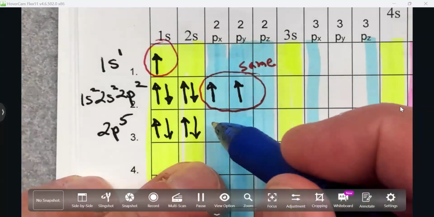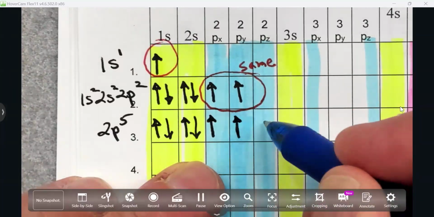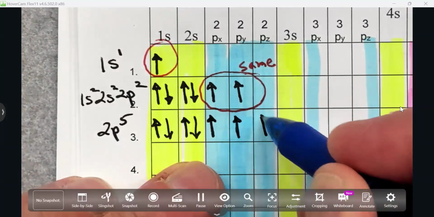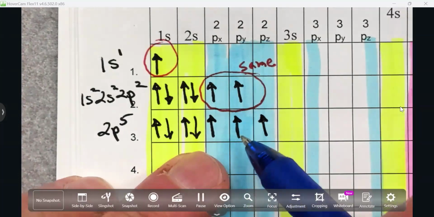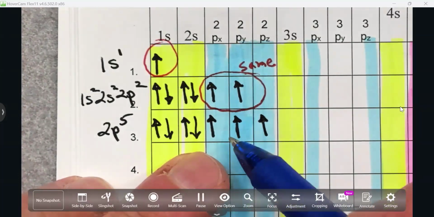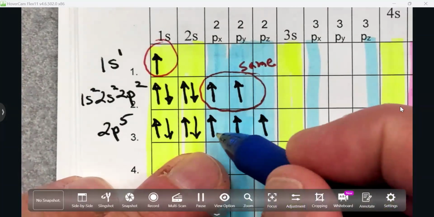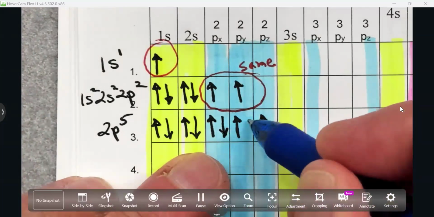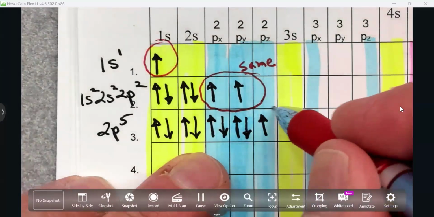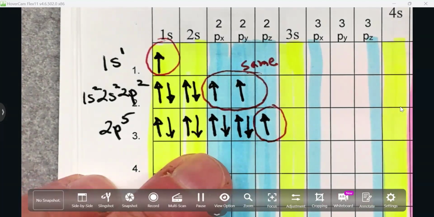If I had 2p3, I could do this, and you have to go 3 up or 3 down in the beginning. That would be 2p3. My 2p4 and 2p5, you don't know where it's going to go. It takes the same amount of energy to fill either one. I'm just going to do it from left to right so that your paper should kind of match. This one could be going the opposite way, right? If I started with 3 down.